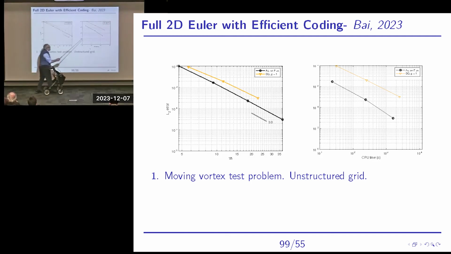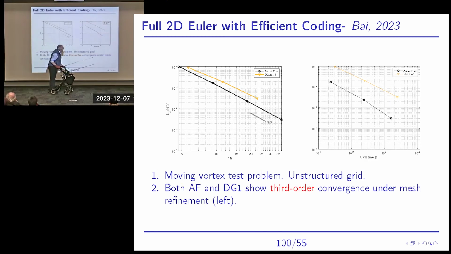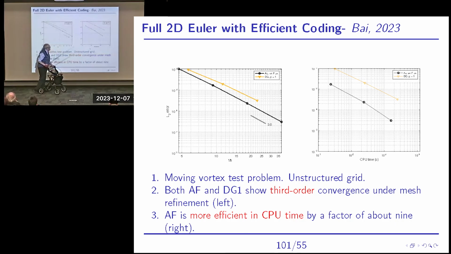Then we plot the accuracy against the CPU time, and there's almost an order of magnitude difference. So doing the right thing pays off, even though it costs you a lot. And I hope that's going to be a continuing justification for this line of work.